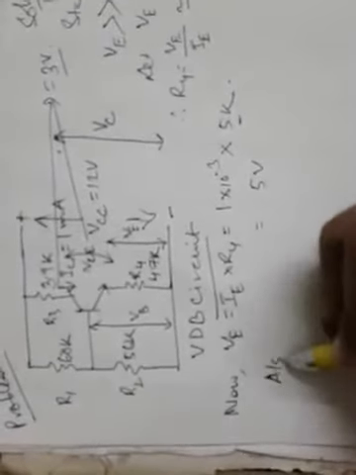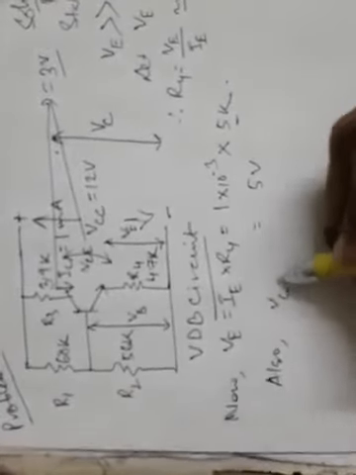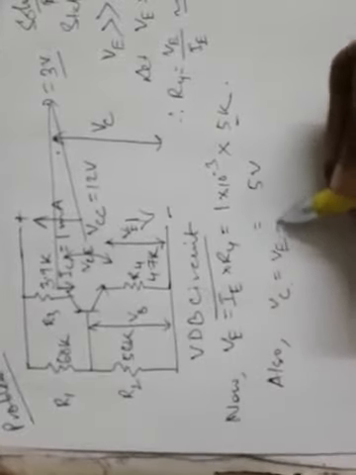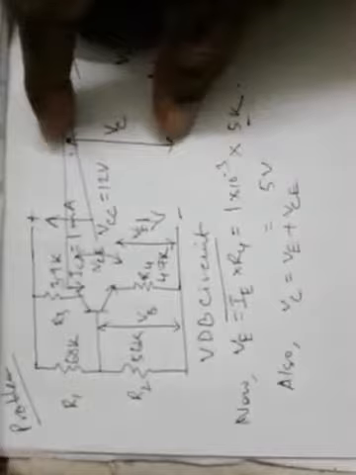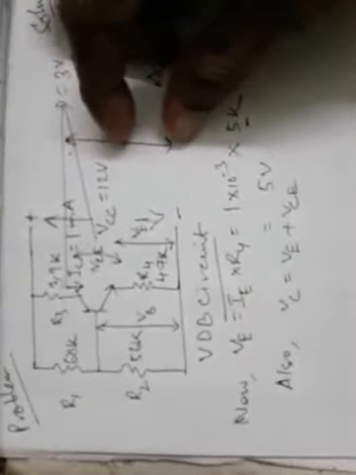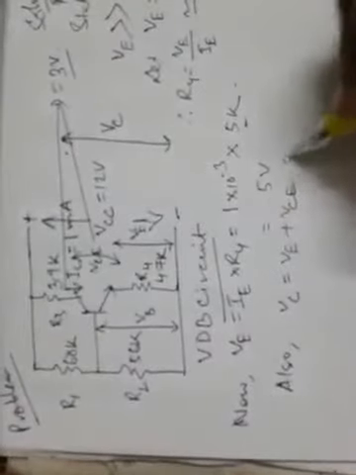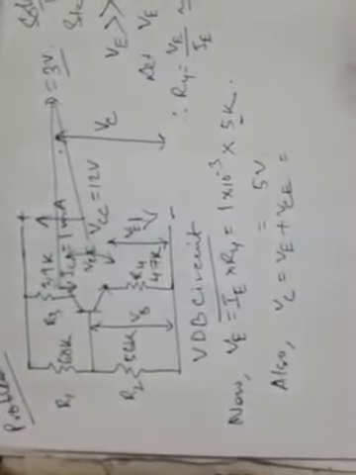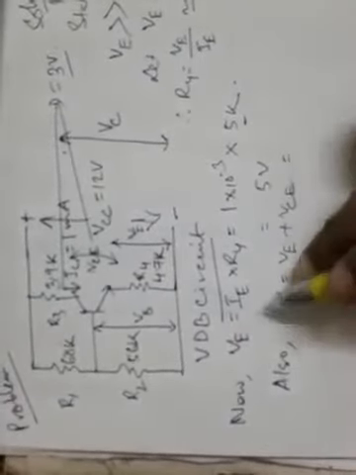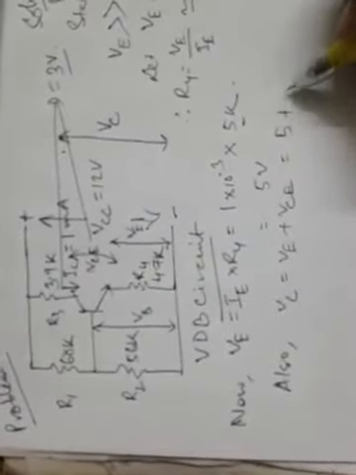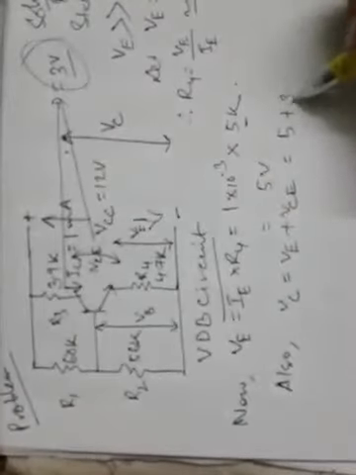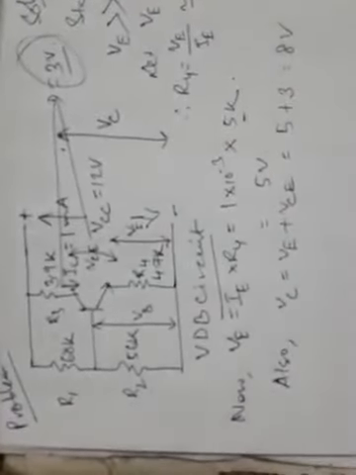Also VC is equal to VE plus VCE. You can see from the diagram, VC is this much voltage, which is VE this much voltage plus VCE this much voltage. Now from here we can calculate: put VE as 5 volt and VCE as 3 volt, already given in our bias condition. So this is 8 volt, VC is 8 volt.